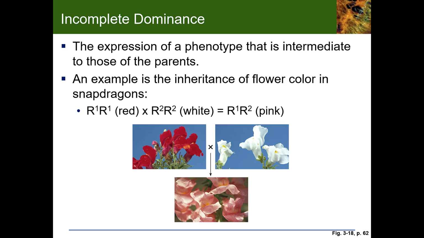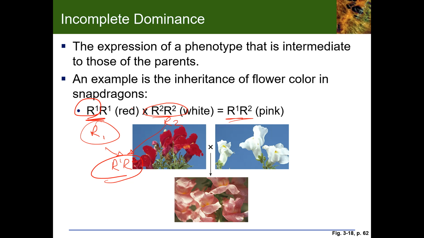So here you've got the father, and you can only get R1 from this individual, because that's all they can provide. Here you can only get R2. So when you cross them, you get R1 from the father and R2 from the mother, so the child's going to be R1R2, just like they're showing here.